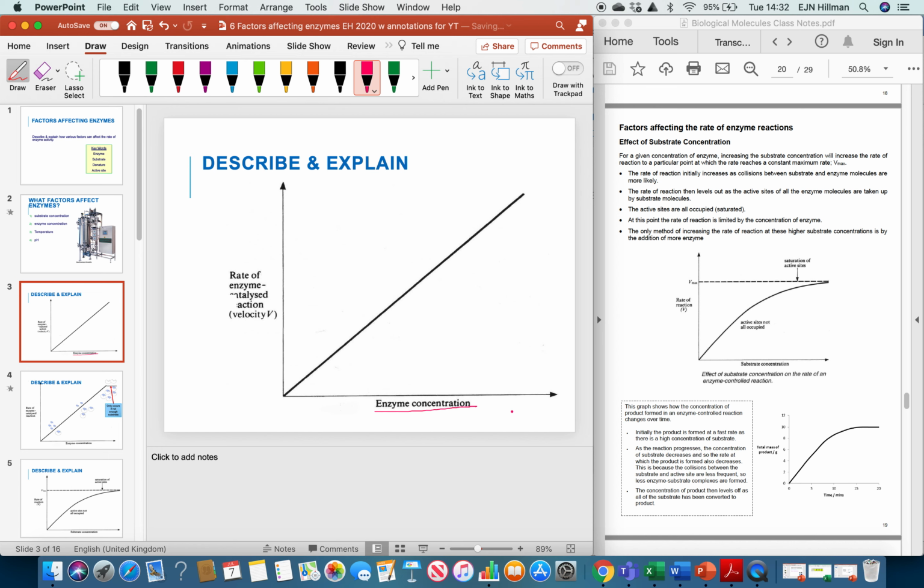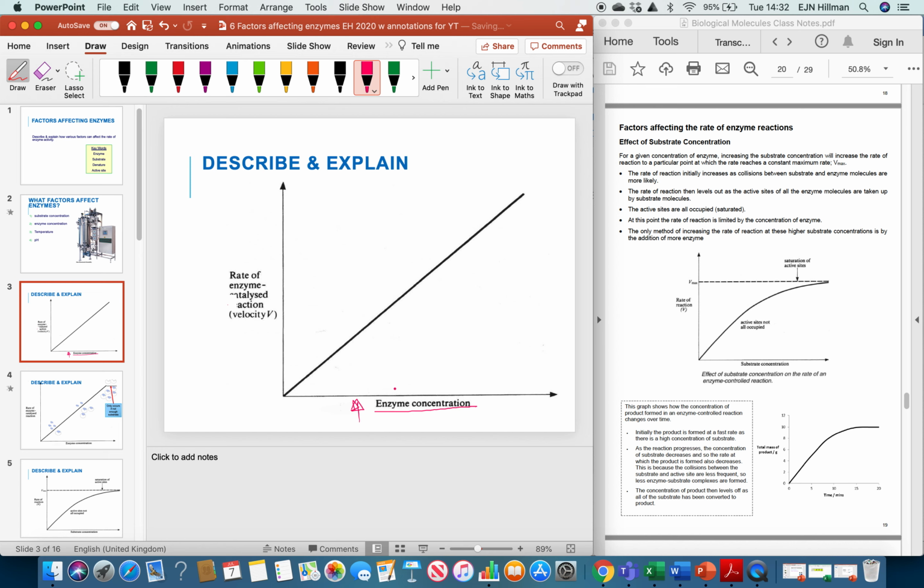As we move along the x-axis, we see an increase in that enzyme concentration. On the y-axis, we have the rate of the reaction. That should say rate of catalysed reaction. Here it's been given this value of v for velocity. So velocity just means the rate.